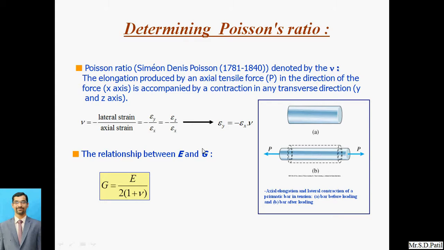So all those formulations, in this particular equation, we are getting the relationship between E and G. E is nothing but the modulus of elasticity. G is the shear modulus, or we can say modulus of rigidity.